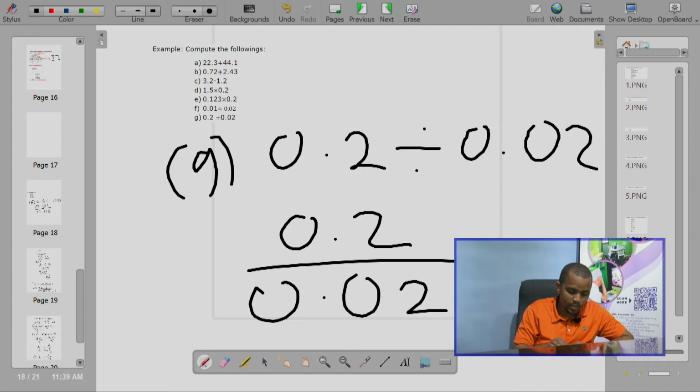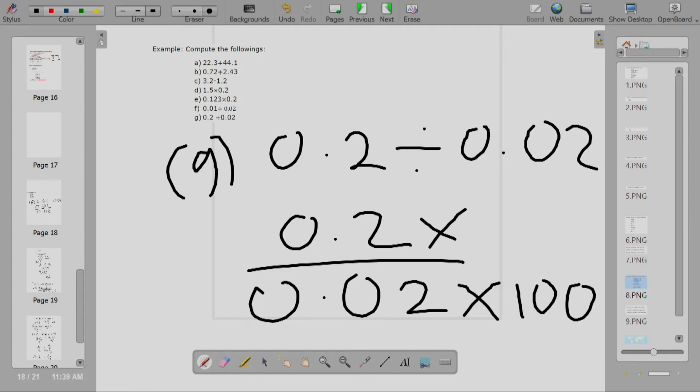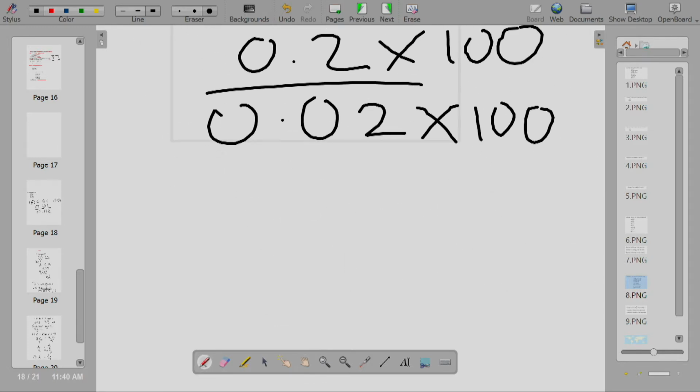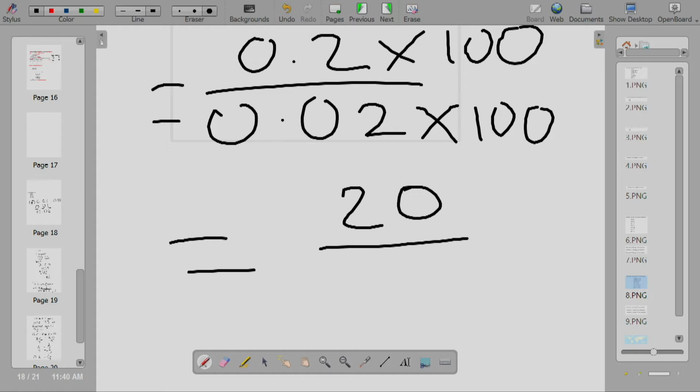Let's multiply the denominator by 100 and the numerator by 100. We will get 20 for the numerator and 2 for the denominator. If we divide 20 by 2, we get 10. So the answer will be equal to 10.